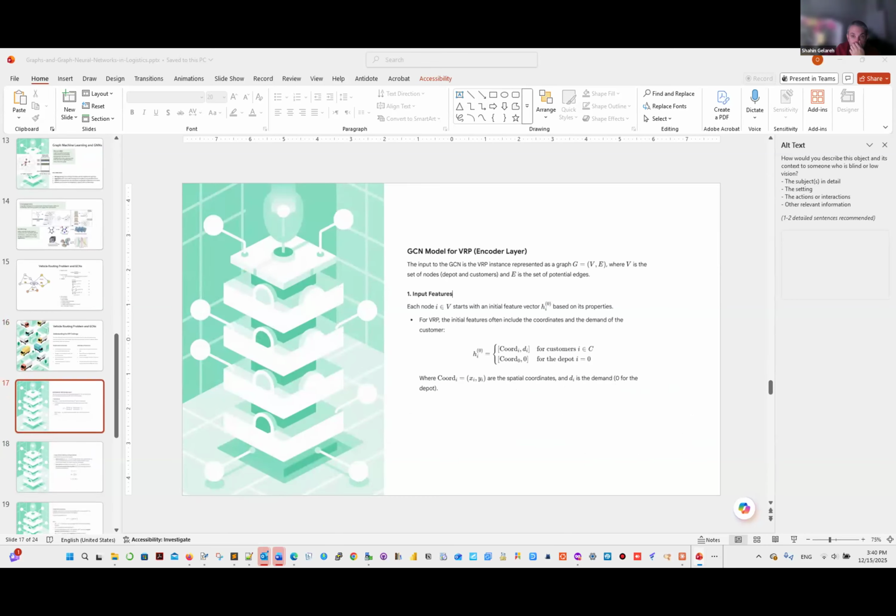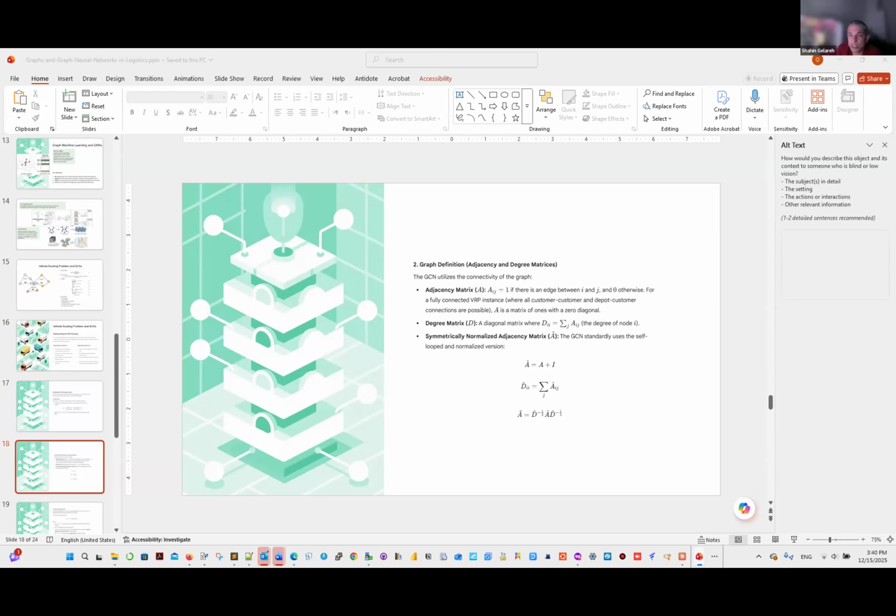So we have devised a layer for VRP. This is a very basic layer where the features are the coordinates and the distance to every other node in the network. We also have the adjacency matrix and the identity matrix for the self loops, the degree matrix, and the normalization of these, which we end up with as a tilde.